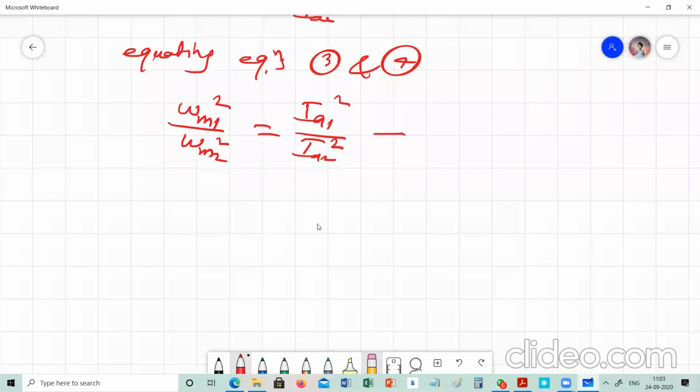Okay, so omega m1 by omega m2 is equal to IA1 by IA2. I just took the square root of this equation.